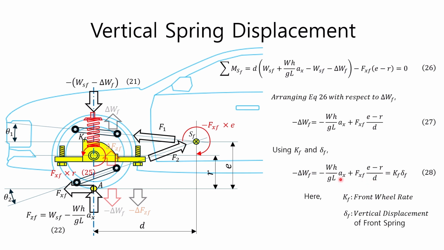In the case of solid axle suspension, the link force was the value of Fxf multiplied by E over d, but in the case of independent suspension, it changed to the value of Fxf multiplied by E minus r over d. Therefore, it can be seen that, when the virtual reaction point is at the same location, the link force of the independent suspension is smaller than that of the solid axle suspension.